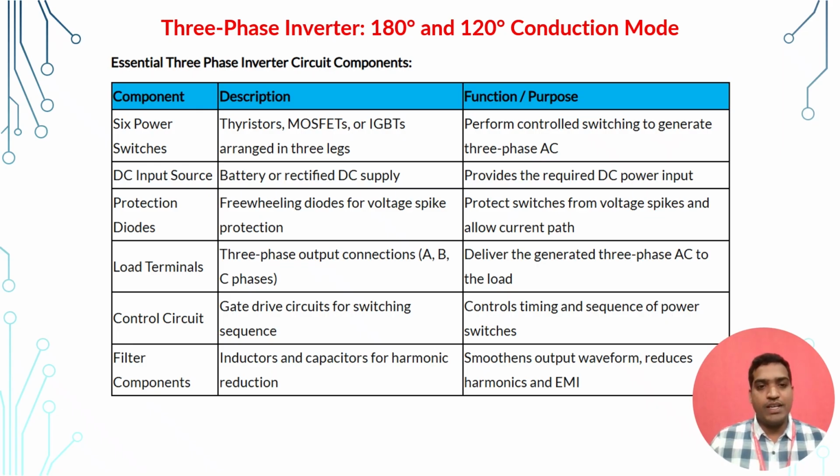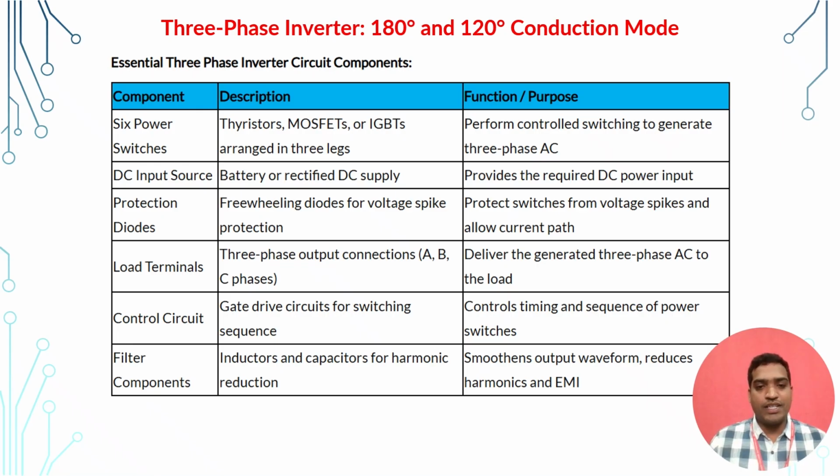Coming to the DC input source, we can use either a battery or a rectified DC supply. These two are used to provide DC power to the inverter. The protection diodes we use are called freewheeling diodes or voltage spike protection diodes, which are connected anti-parallel to the MOSFETs, IGBTs or thyristors.